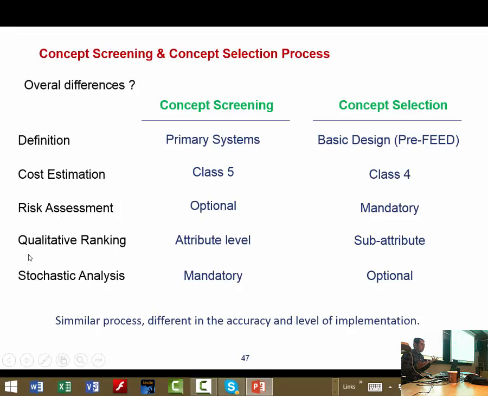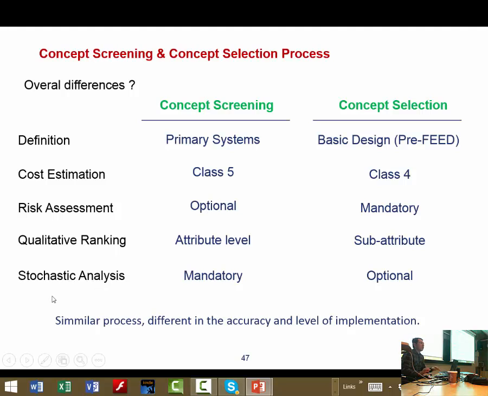We also have 2 types of general ranking systems, quantitative or qualitative ranking. When you are doing qualitative ranking for concept screening, you just define the functions or properties into attribute levels. But when you are doing concept selection, you have to define functionalities or properties more accurately, which is called the sub-attribute level, which we'll explain later.